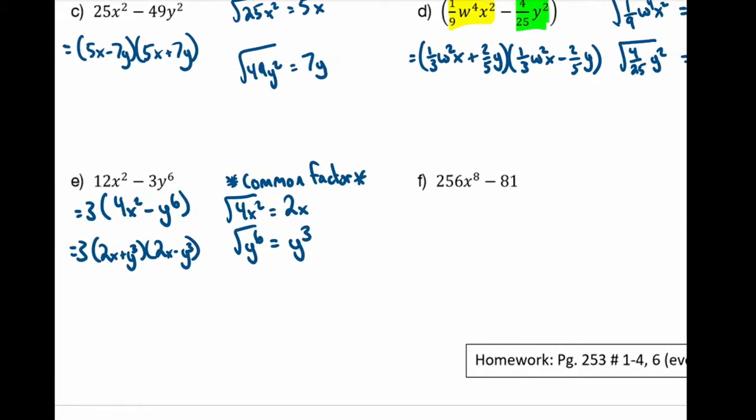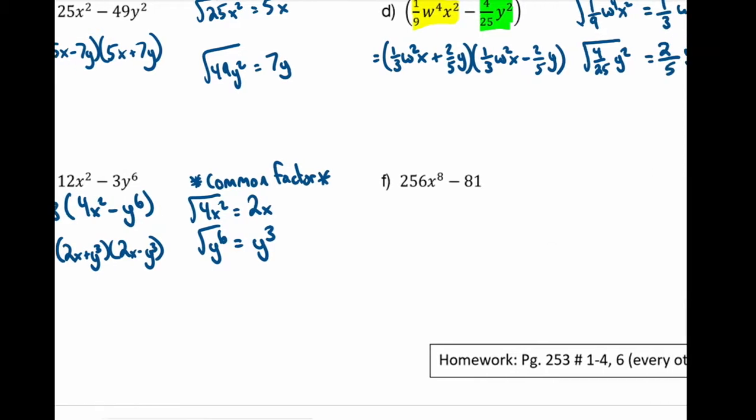One last example. So 256x to the power of 8 minus 81. Again, we should be able to recognize that 81 is a perfect square of 9. So now we just need to check 256 x to the power of 8, see if that's a perfect square.